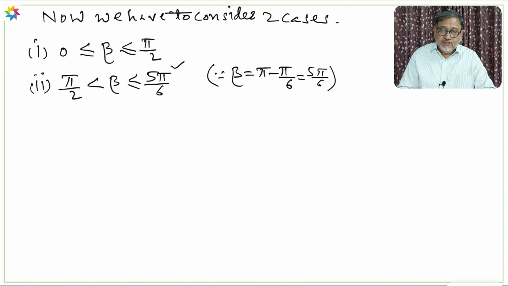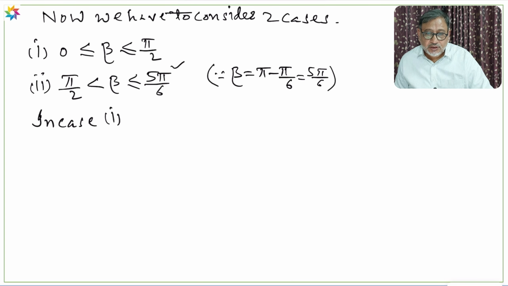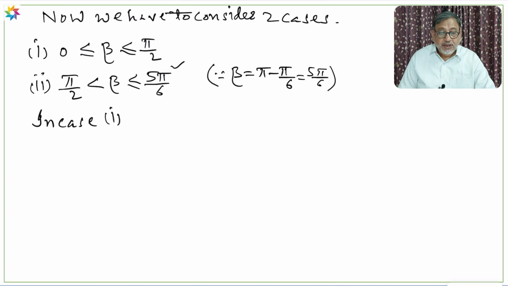So therefore, in case 1, look here, what will happen, we will have beta between 0 and pi by 2.